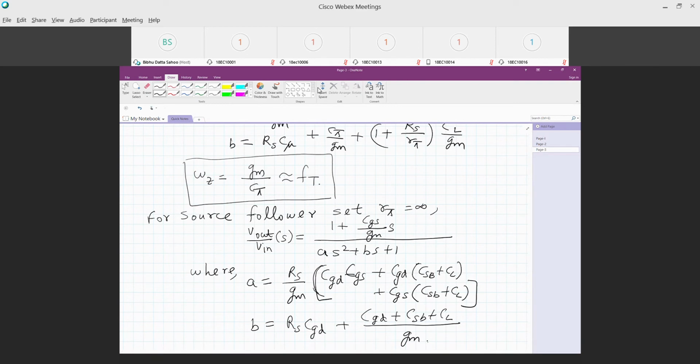Okay, so this will be the overall frequency response. And this kind of wraps up the frequency response of all the amplifier topologies that you have studied.